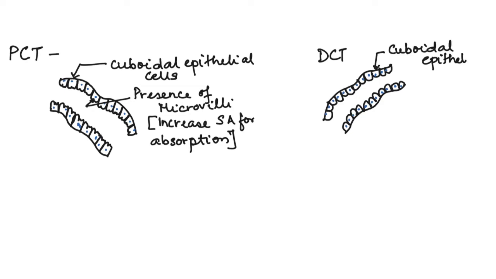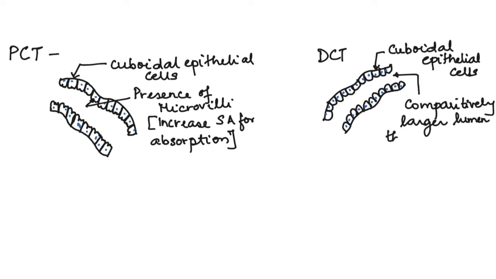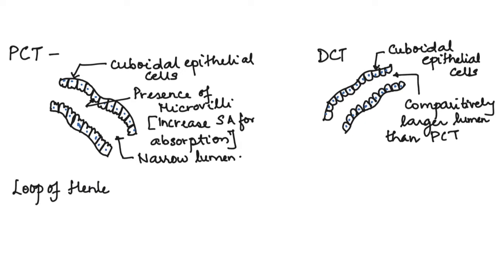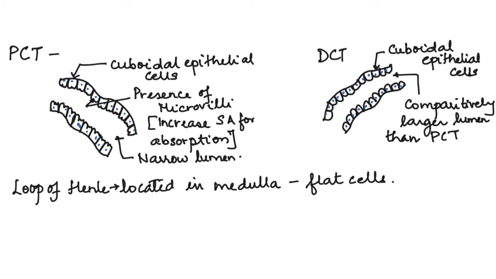The DCT also has cuboidal epithelial cells. However, in the DCT, the lumen is comparatively larger than the PCT. The loop of Henle, which is located in the medulla region, is mostly responsible for reabsorbing water and it has flat cells. Now let us see the process of tubular reabsorption.